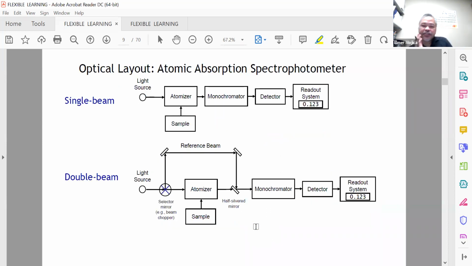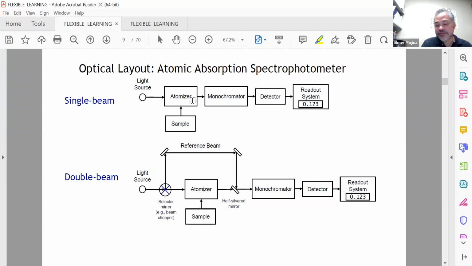Now, if we look at the optical layout this time with the so-called AAS, you can also have a single beam and a double beam. If you look at the block diagram here, your sample is introduced in such a way that it is converted by an atomizer, or we could say a nebulizer.